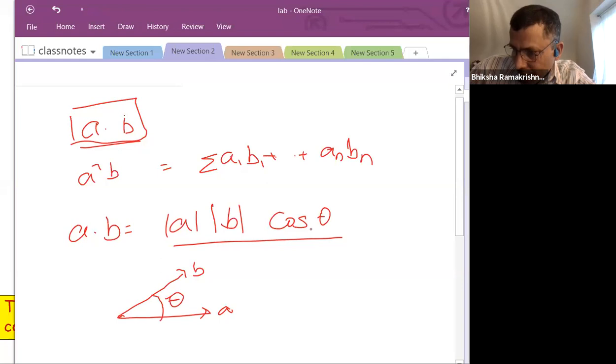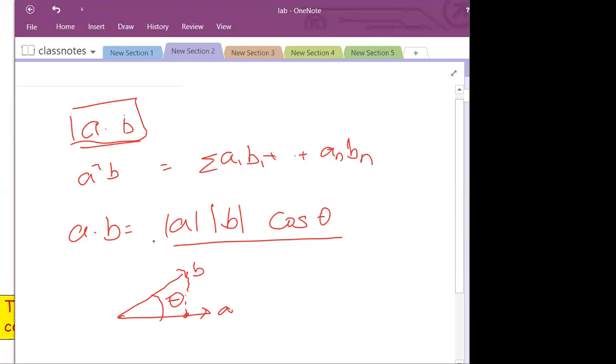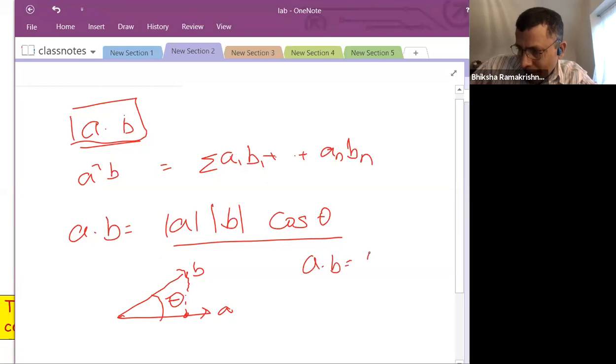Specifically, the inner product is proportional to the projection of b on a. So when will this be maximum? What must the angle between a and b be for this inner product to be maximum? 0, right? So a dot b equals max implies theta equals 0.